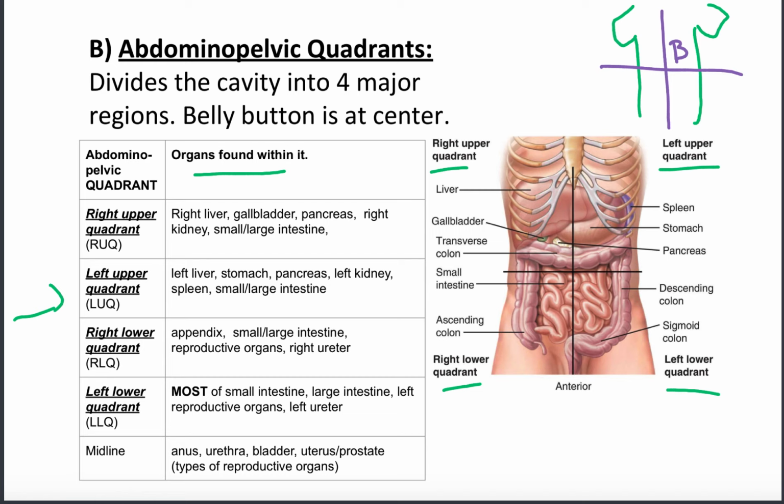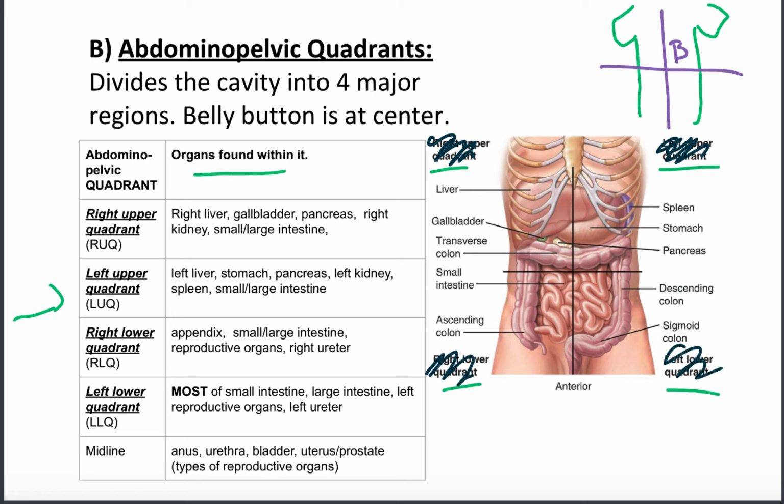Okay? And if I give you an organ, for instance, what quadrant is the liver found in? Generally speaking, at least early on in anatomy, since we haven't really learned the digestive organs yet, because in the abdominopelvic region there are a lot of digestive organs, and you're not familiar with all of them quite yet, what we're more likely to do is give you a picture of the organs and then blur out the names of the quadrants.